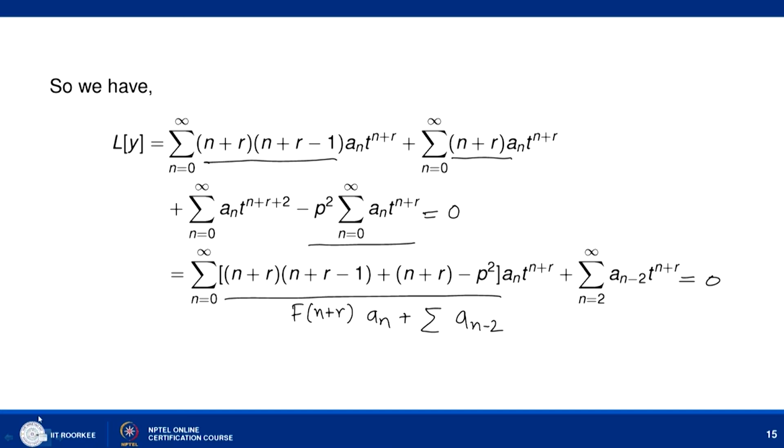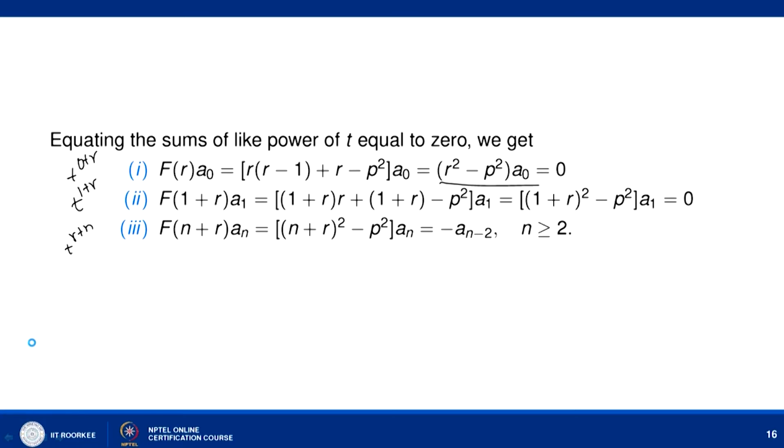So that is what we are writing here: f of n plus r a n equal to n plus r whole square minus p square a n equal to minus of a n minus 2, for n greater than or equal to 2. So here we are getting these three. This is corresponding to t to the power r, this is corresponding to t to the power r plus 1, and this is corresponding to t to the power r plus n.